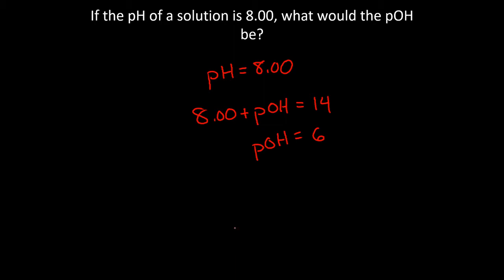So that is going to be very handy for us later, especially when we start talking about weak acids and bases and trying to compare values from pHs to pOHs. This is a lot easier than converting back into H plus and then converting H plus into the concentration of OH minus and then taking the negative log of that. That's a whole three-step process. This is much faster and easier.